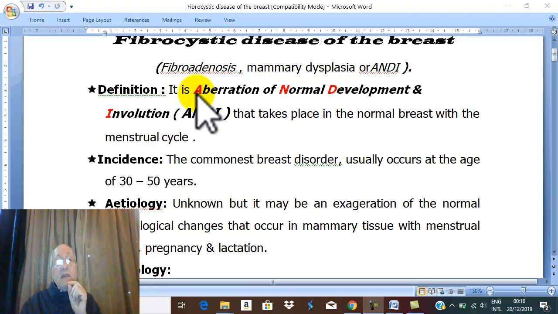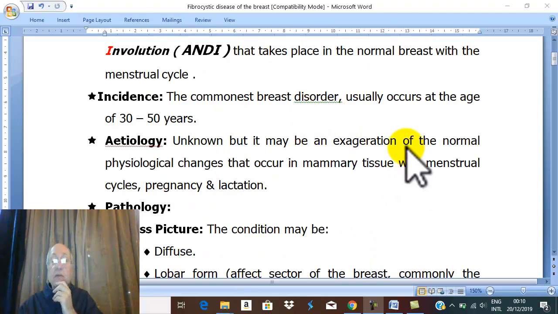If you take the first letter from each word, aberration, normal development, and involution, you get the famous abbreviation of this disease, ANDI. What is the etiology of this condition? Unknown. But this disease is actually an exaggeration of the normal physiological changes which occur in the mammary gland in each menstrual cycle, or pregnancy, or lactation.